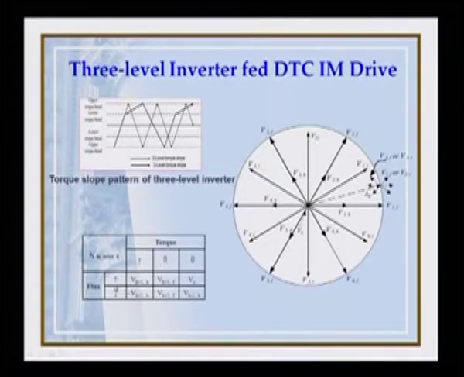So, let us say that we want to increase the flux and increase the torque. If we want to increase the flux and increase the torque, and we are in sector 1, which is basically this sector, from this to this, we apply the Vk plus 1 half voltage vector. Vk is 1 here, k plus 1 is 2.